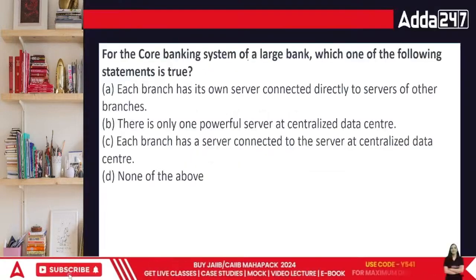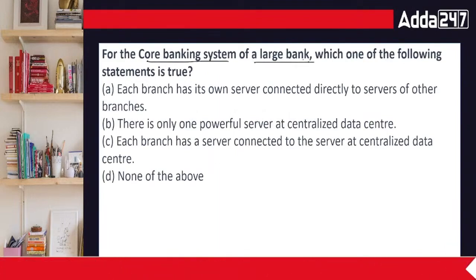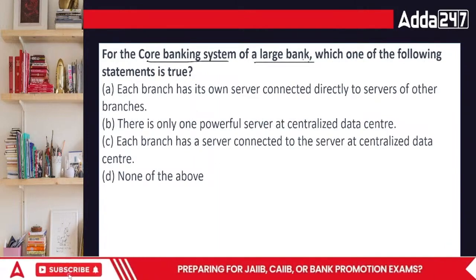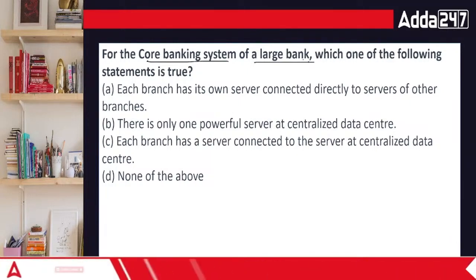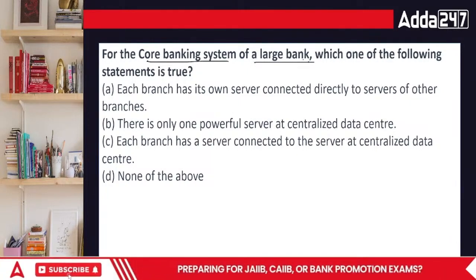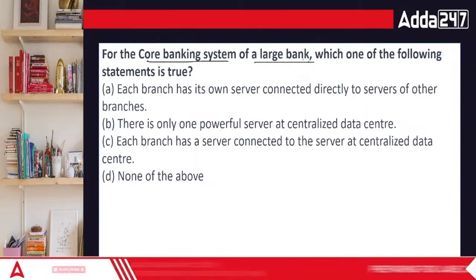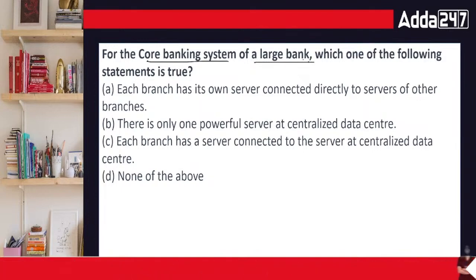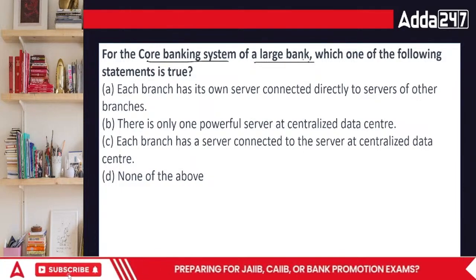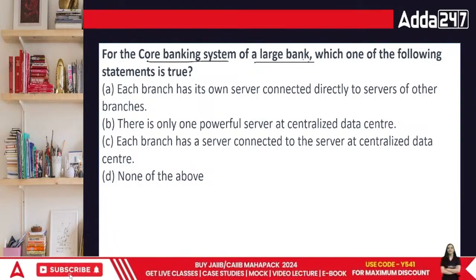Now comes the next point. For the core banking system of a large bank, which one of the following is true? Each branch has its own server; each branch has its own server directly connected to the servers of other branches; there is only one powerful server with centralized data; or each branch has a server connected to the server of centralized data.